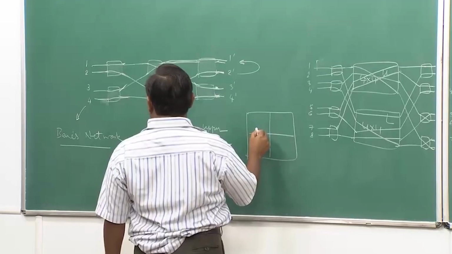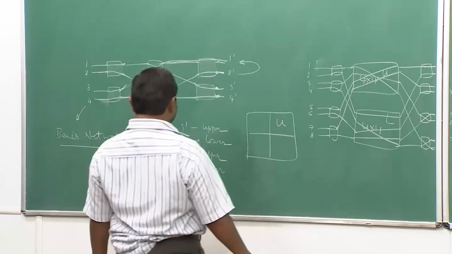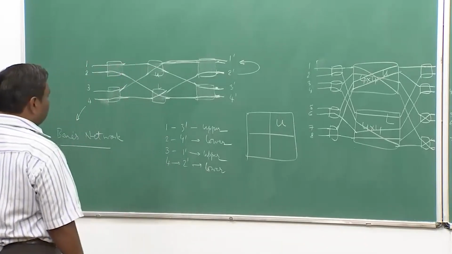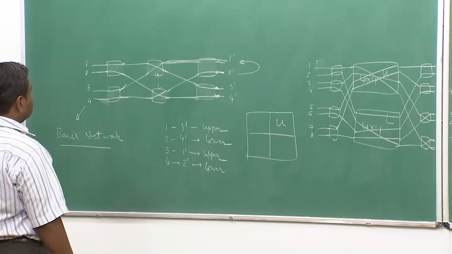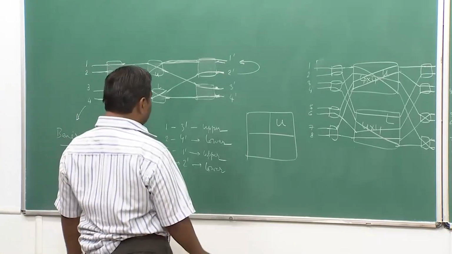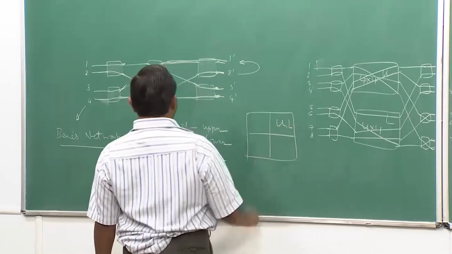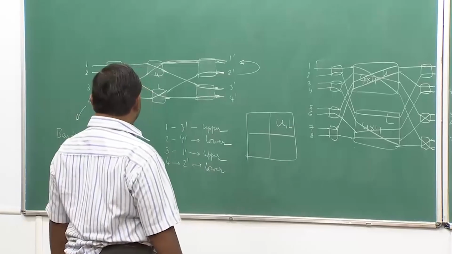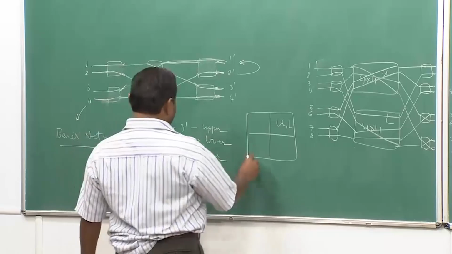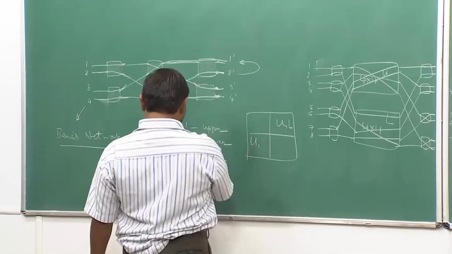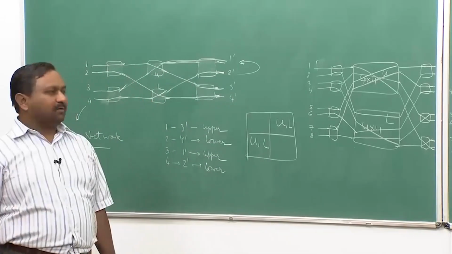So I have used the upper one for 1 to 3, and then for 2 to 4 I have used the lower one, okay, this also comes here, then 3 to 1 I have used upper, and 4 to 2 I have used lower. The condition is satisfied.